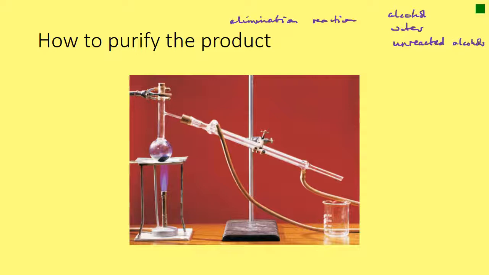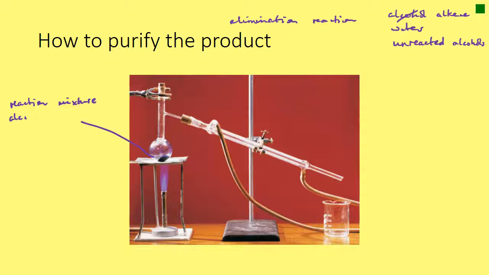But the product is in fact not the alcohol, of course, it's the alkene. So the reaction mixture we're going to have in this round bottom flask, that's the reaction mixture, which will be the alcohol and the acid catalyst.